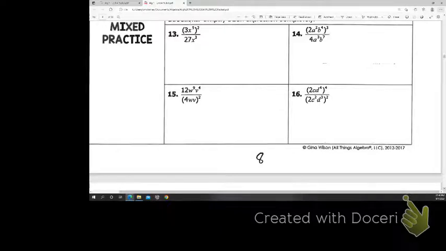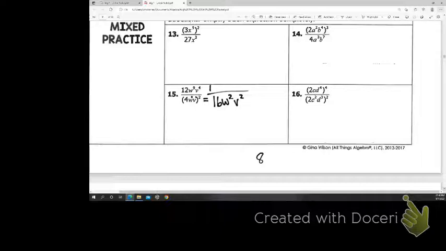But if they each have their own separate, we need to make sure we get rid of that before we use quotient rule. So this part will become 16 w to the 2nd v to the 2nd, remembering they both have 1s to start with.